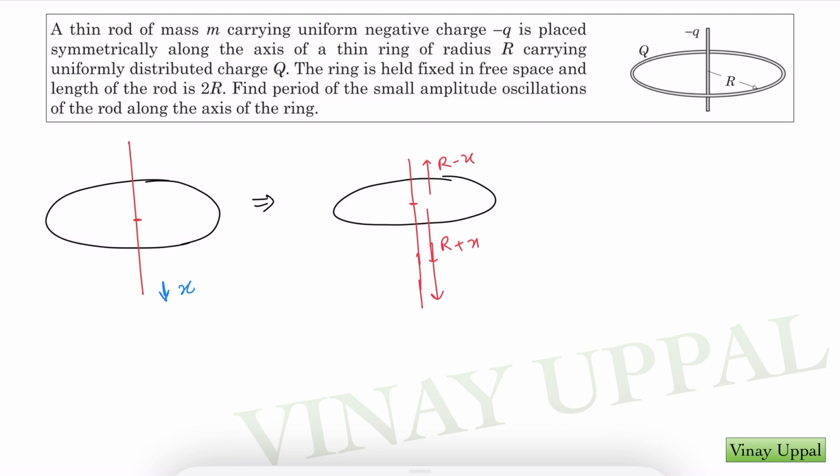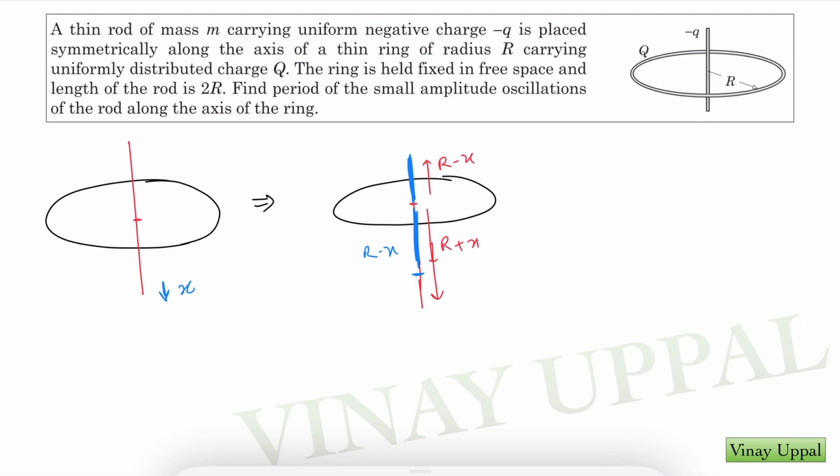Now how will we calculate the force on this? One long way is to integrate from the top point to the lowermost point, integrate the electric field of the ring, but we don't need to do that, because if I look at a section, see this blue section is r − x, if I just look at another r − x below, then their forces will cancel out, because the ring will be attracting the upper section downwards and the lower section of r − x upwards.